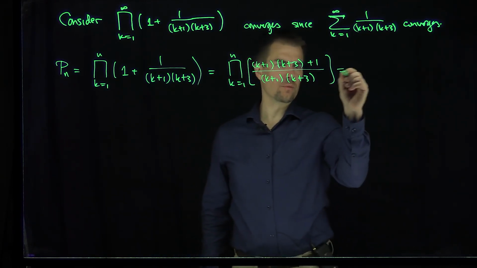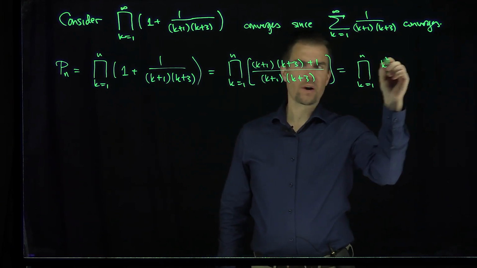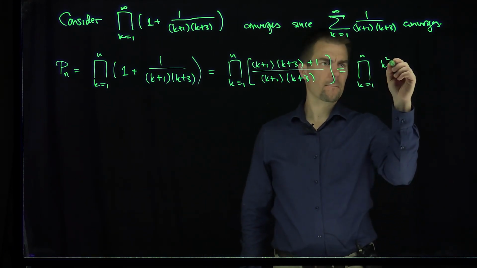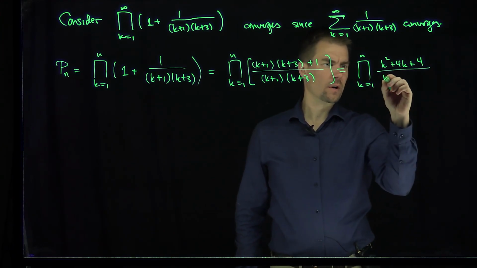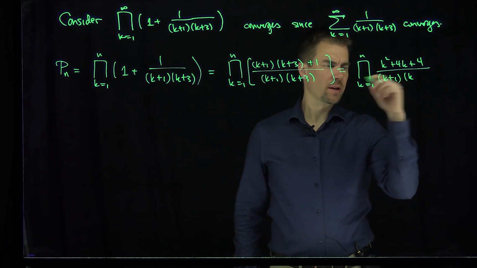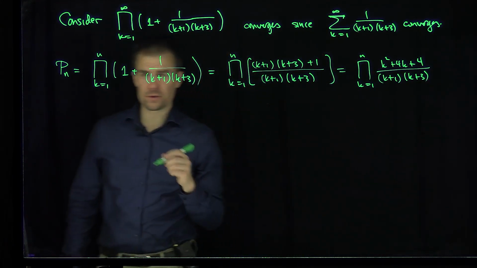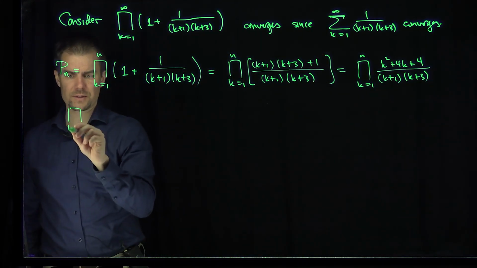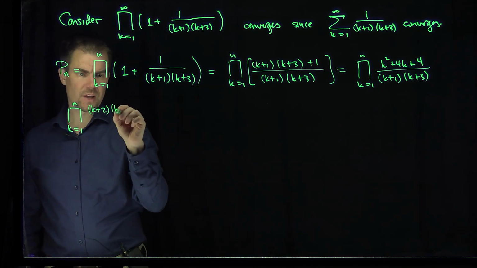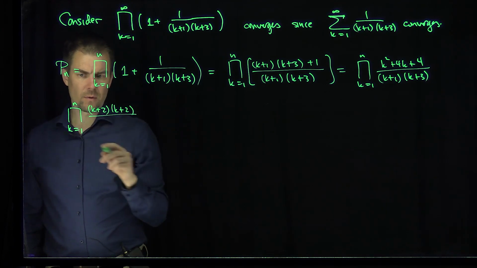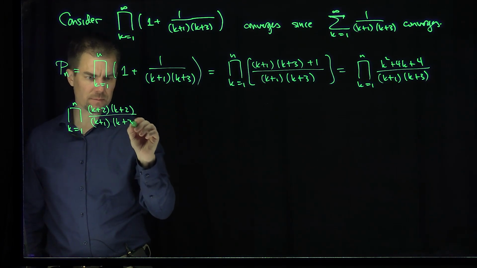In the numerator, I'm going to have k squared plus 4k plus 4, over (k plus 1) and then (k plus 3). The top is just (k plus 2) quantity squared, so this partial product is just the product k goes from 1 up to n of (k plus 2) times (k plus 2), all divided by (k plus 1) times (k plus 3).